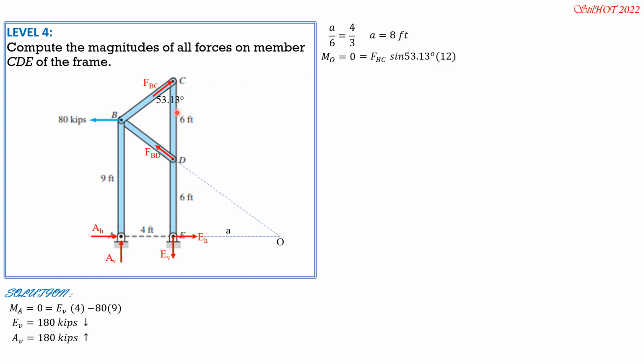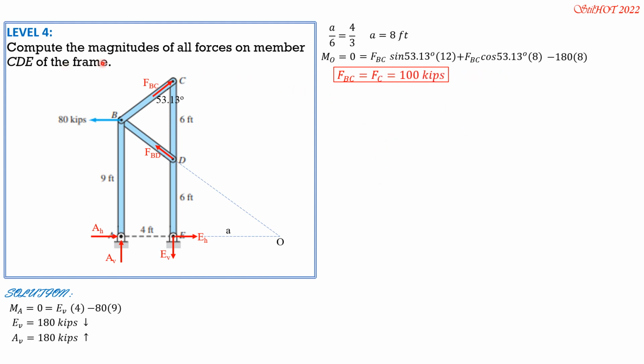Then the vertical component is also clockwise, so plus FBC cosine of 53.13 degrees. The moment arm is A, or 8. Then minus E V; FBD and EH are not involved. They pass through O. Minus 180 times A, which is 8. So from there, we can solve FBC. The only unknown in this equation, FBC, is equal to 100 kips.